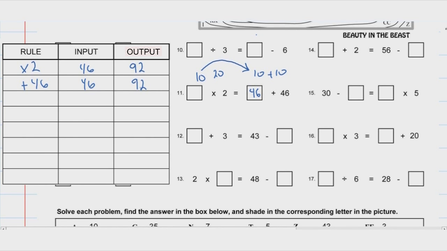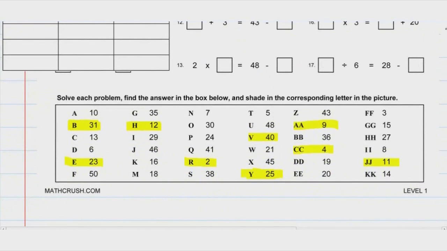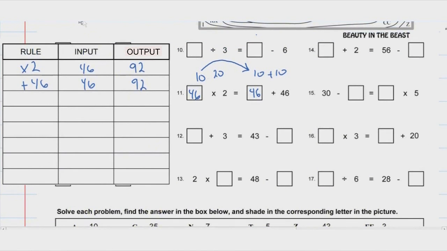Remember, when you're multiplying by 2, you're just adding the number twice. So 5 times 2 is 5 plus 5. All right, so we got 46 for our answer. And I come down here and I find 46, and 46 is J. So we'll look for J in our picture and we'll shade that in.